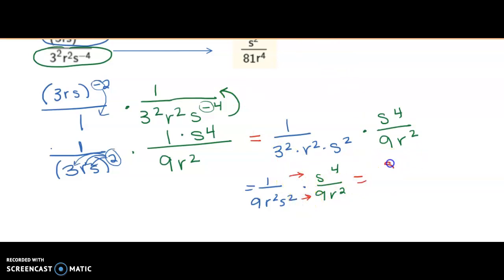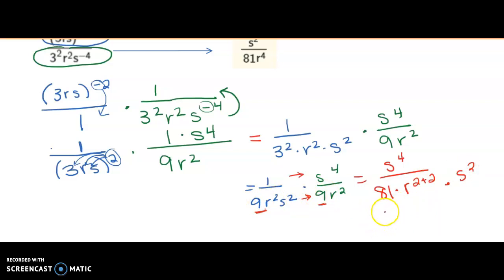So 1 times s to the 4th is s to the 4th over, well, 9 times 9 is 81, times r squared times r squared is r to the 2 plus 2 power times, we just have 1 s squared, so s squared here.